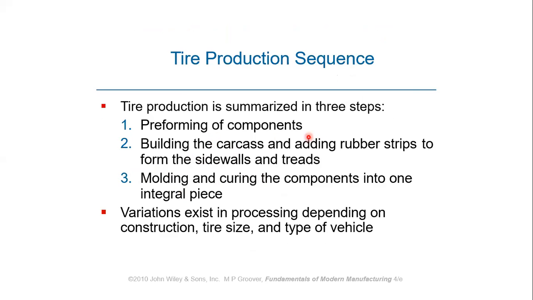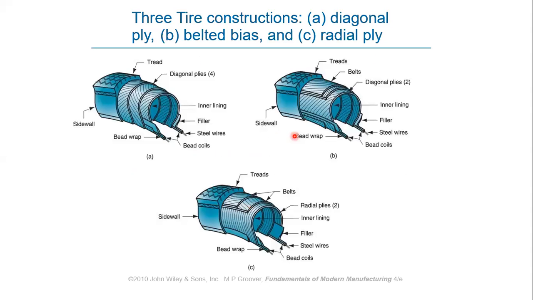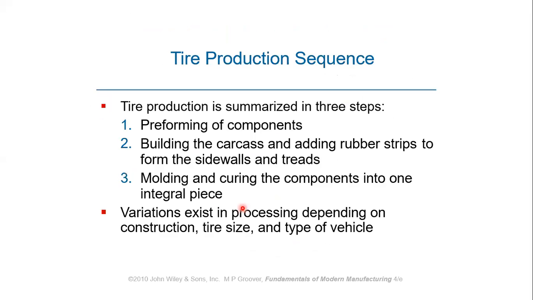The three steps of tire manufacturing are, first, preforming of components. That means you have to manufacture all these components separately: inner lining, radial plies or belts, treads, filler, and everything else. Second, building the carcass in a forming device, where you add the different components together.